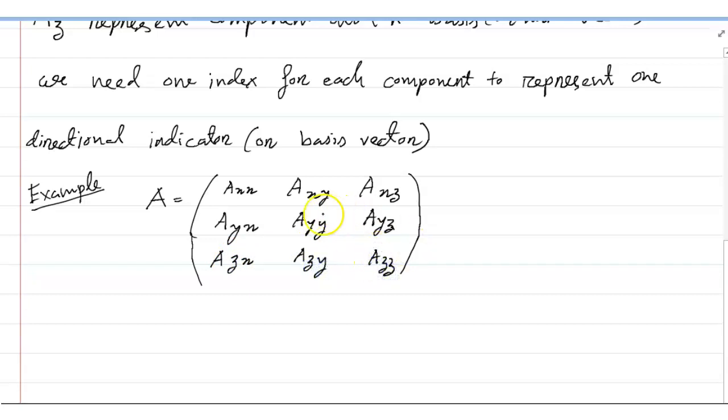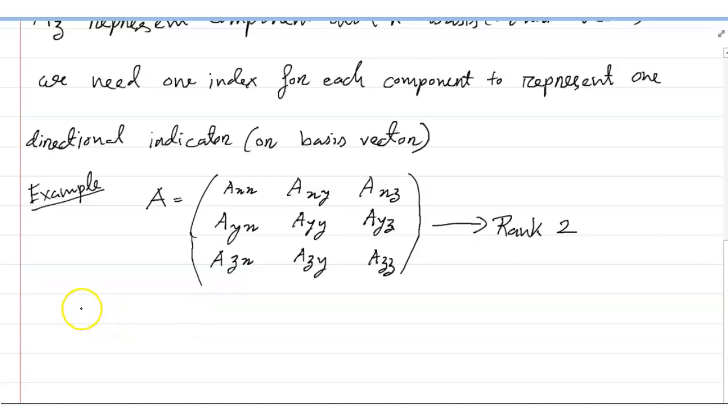So friends, this is a matrix representation of a tensor. This rank is 2. Tensor of rank 2.